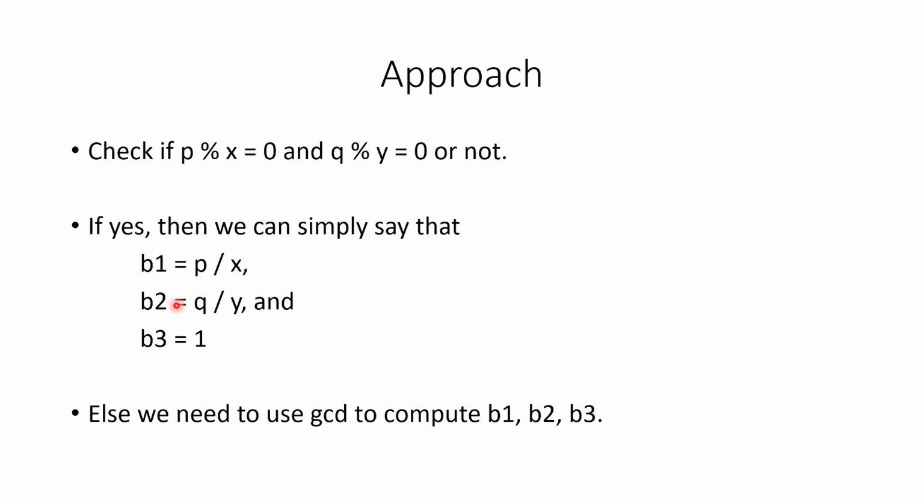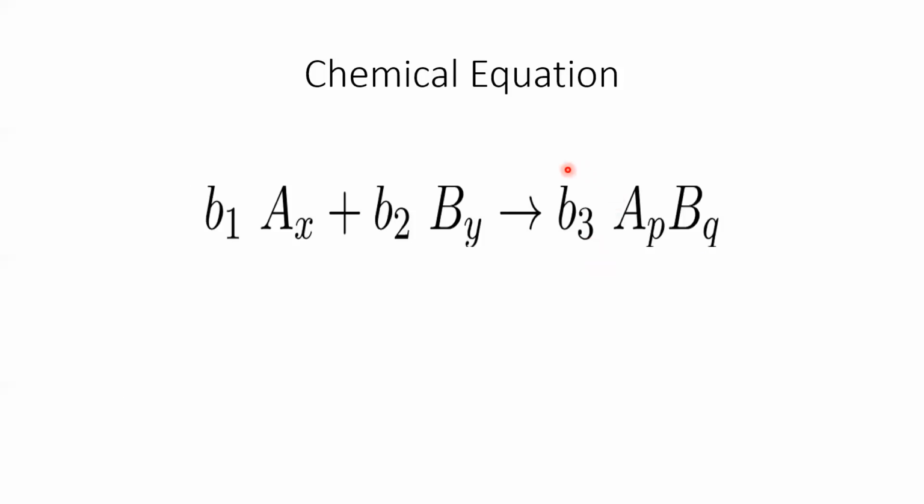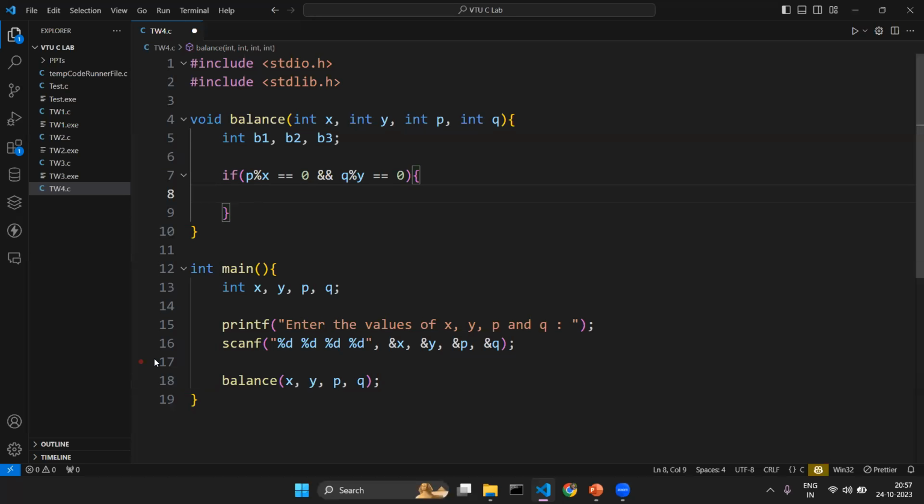So B1 and B2 will contain the respective P by X and Q by Y values. In B3, meaning on the reactant side, there will not be any value left because we have already balanced the P by X value in B1 and the Q by Y value in B2. So in B3, nothing is to be written, so we will have 1 as the value for B3.